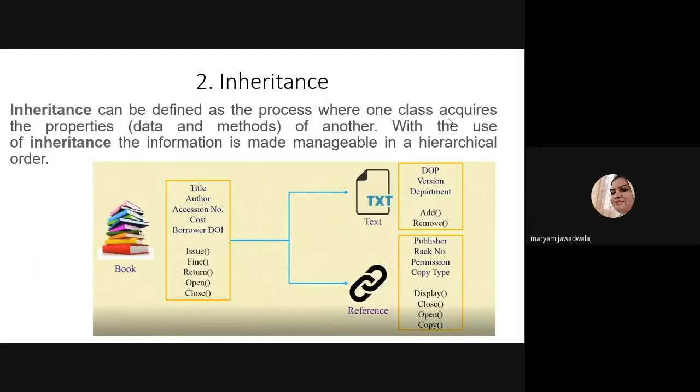Next one is inheritance. This is the second pillar of any object-oriented programming, students. So what is inheritance? Inheritance can be defined as the process where one class acquires the properties of another class. It means you create one superclass and a subclass inherits the properties of the superclass. For example, here is a very good example of inheritance. I create one book class with some data and methods, right?